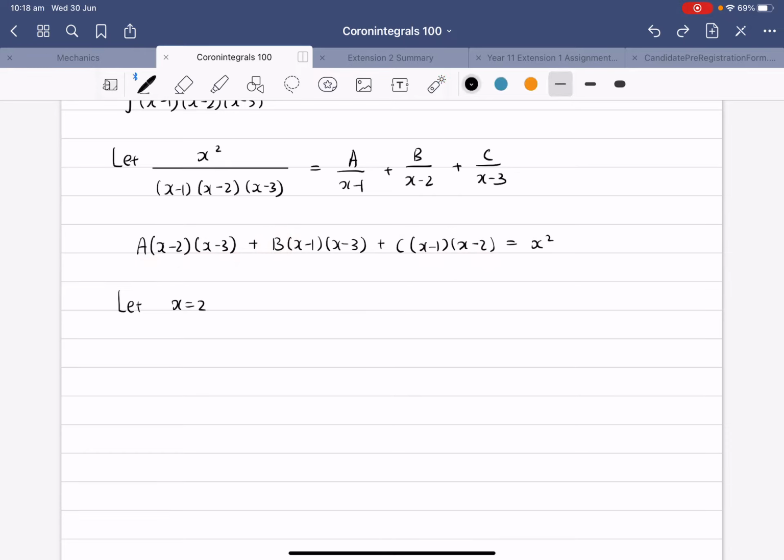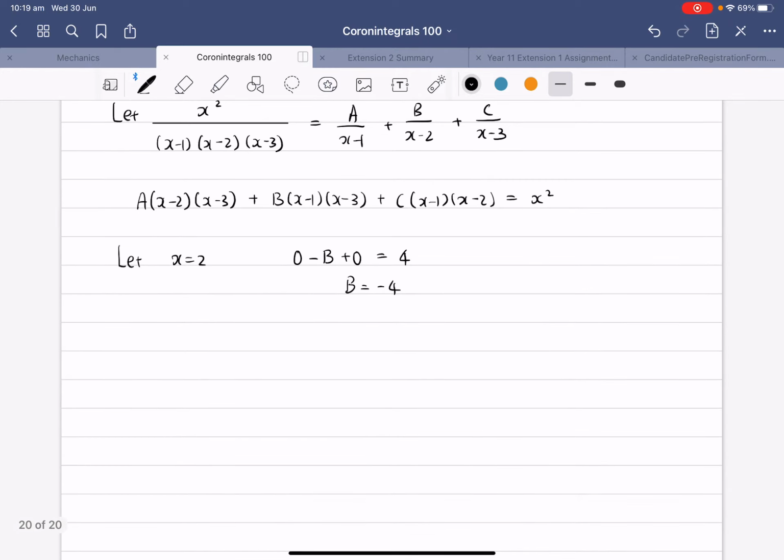Substituting 2 into the middle term, one factor becomes 1 and the other becomes minus 1, and the rest are equal to 0. So we get minus b equals 2 squared, which is 4. So b is equal to minus 4.